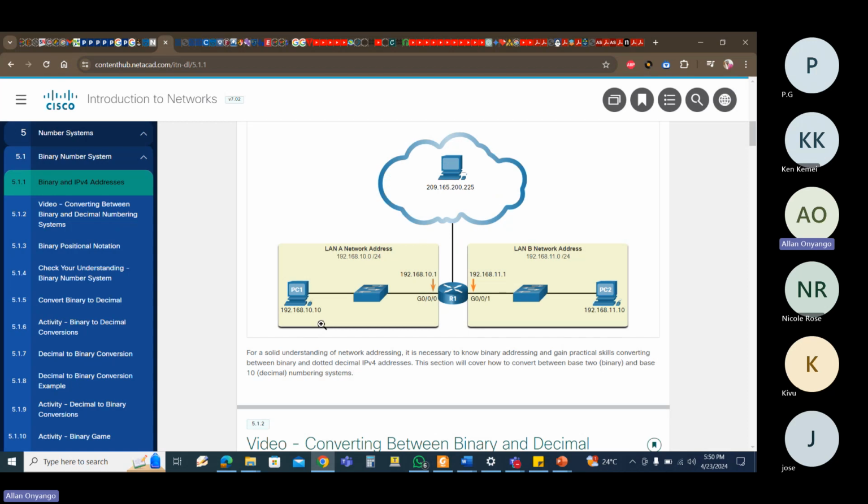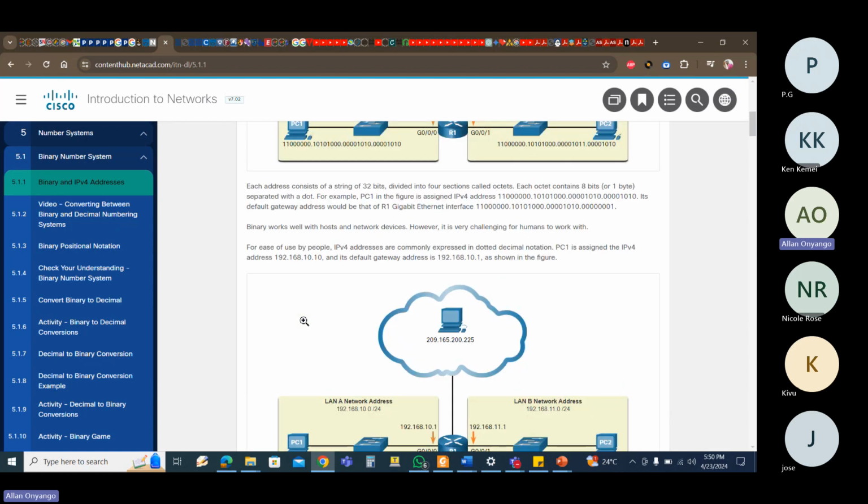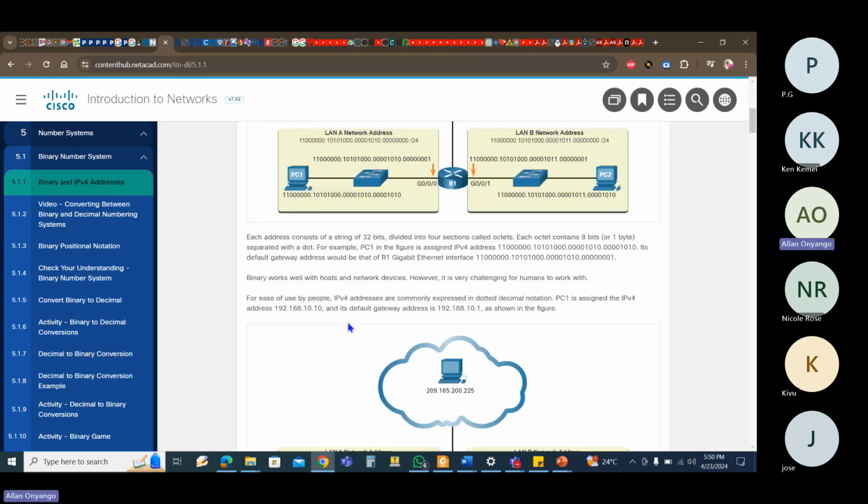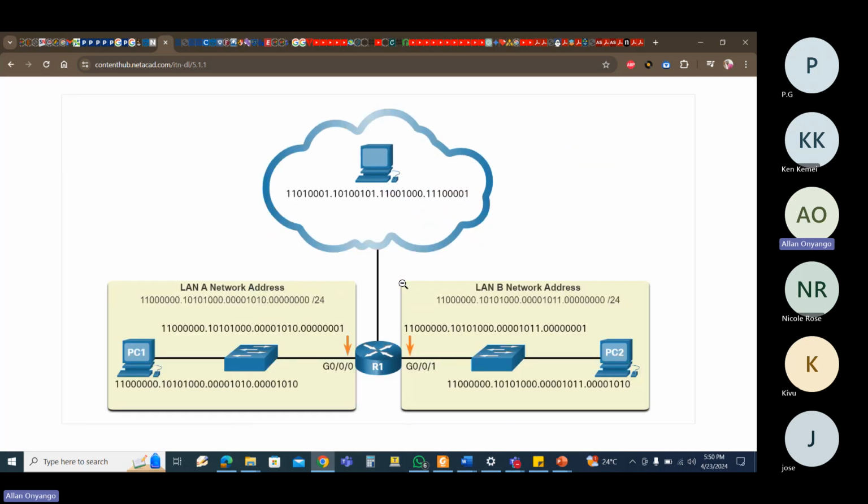Now let's see, how do the machines see these numbers? The machines see these numbers differently. Let me show you the same numbers, but seen from the eyes of the machines. This is the number we saw as 192.168.10.10.